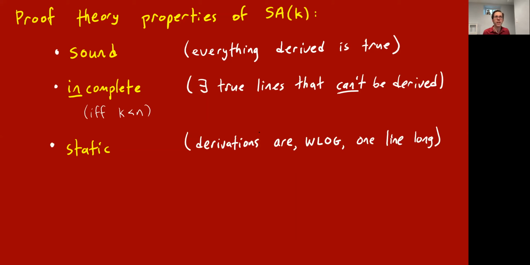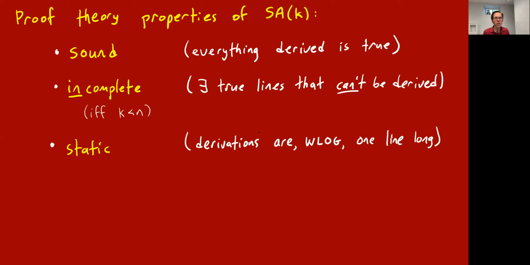And in this Sherali Adams proof system, you don't really need that, because the only derivation rule is taking non-negative linear combinations of previous lines. And so everything is a non-negative combination of the axioms ultimately. So any conclusion you can derive, you can actually derive in one shot, which is a little bit weird, but we're going to stick with it. We're still going to think about it as a proof system, even though it has a slightly odd property.